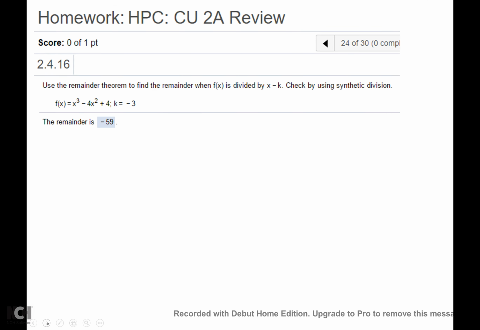It says use the remainder theorem to find the remainder when f of x is divided by x minus k. Check by using synthetic division. The remainder theorem says if you have no desire to know what the quotient is and you just want to know what the remainder is, you can find f of k. In this case, if I find f of negative 3, I'd have negative 3 cubed minus 4 times negative 3 squared plus 4.